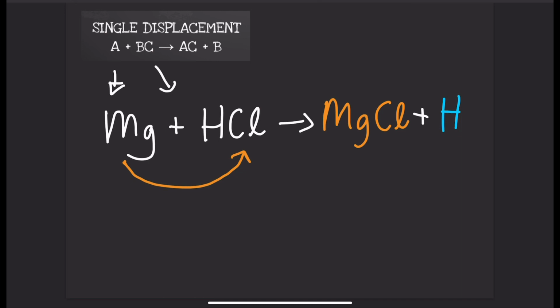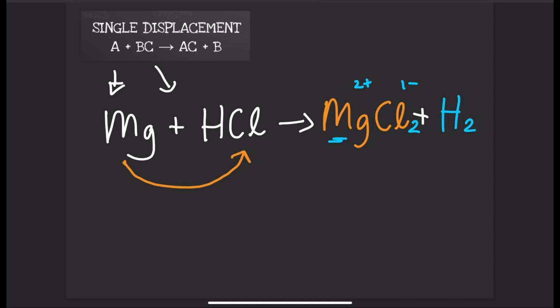Another thing you have to know is that this equation is not balanced. Hydrogen exists as a molecule, so it bonds with another hydrogen atom to be stable. So we have H2. We also know that since magnesium is 2 positive and chlorine is 1 negative, magnesium needs to bond with 2 chlorine atoms so that it will have an overall charge of 0.